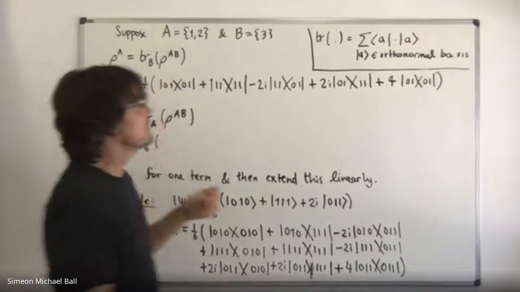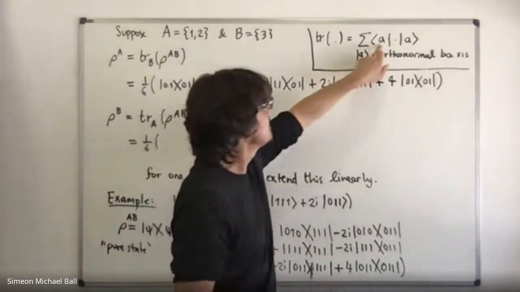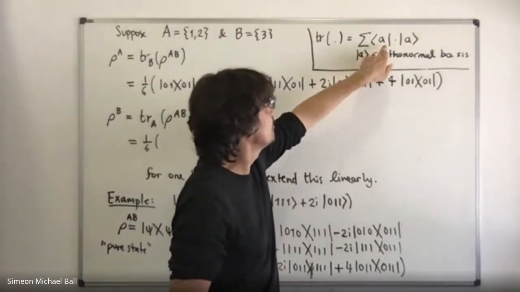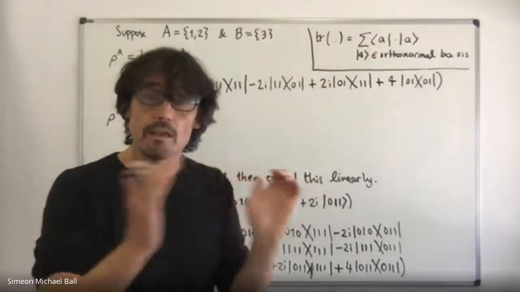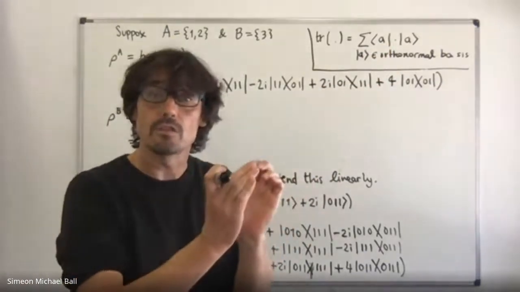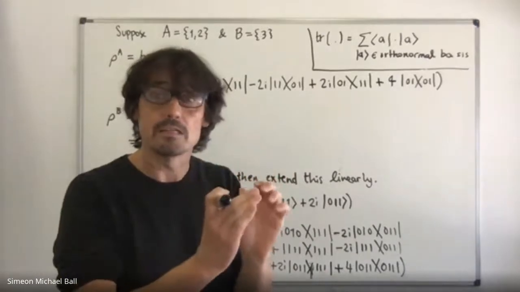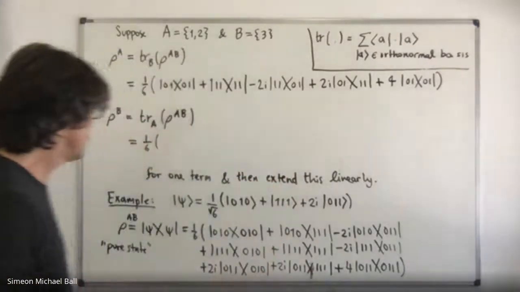So that's going to be like tracing over here 0, 0, 0, 1, 1, 0, 1, 1. And that's an orthonormal basis. So if any of those are different, and this is exactly the same, you're going to get 0.